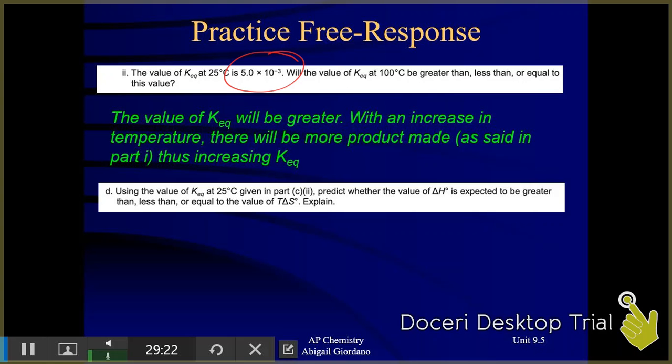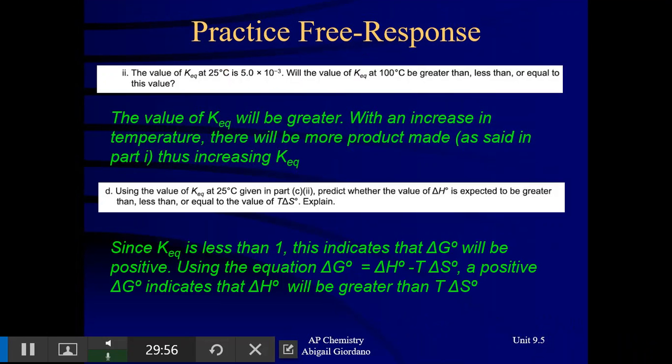Okay, so that means delta G must be positive. So since that K value is less than 1, that indicates a delta G that will be positive, and using that equation, a positive delta G indicates that that term delta H must be greater, larger than the other term, T delta S.